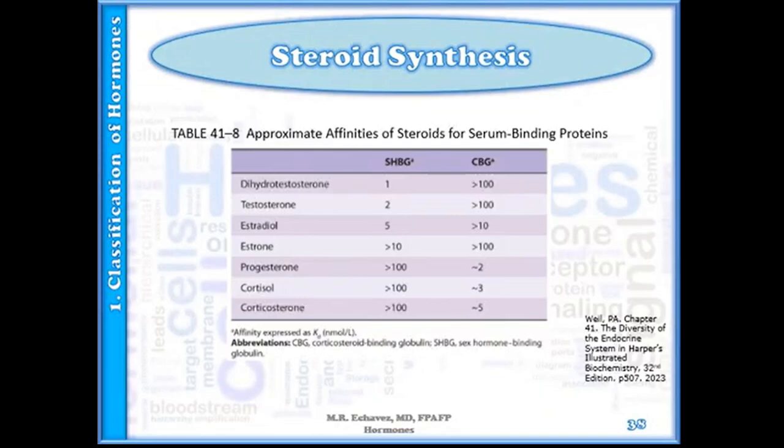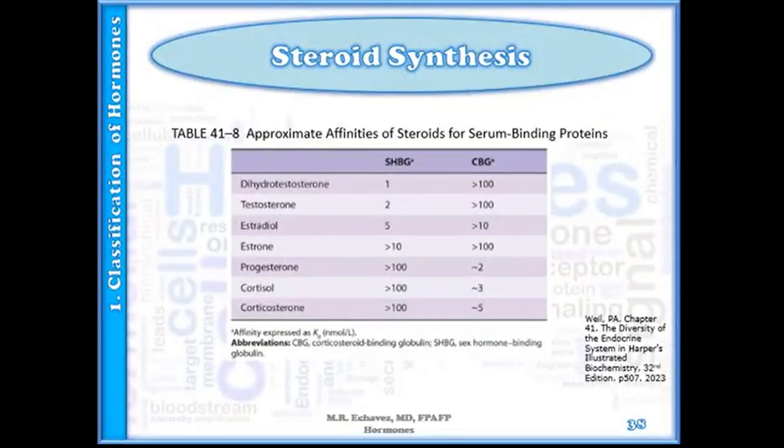Still on the topic of your transport proteins, your glucocorticoids are transported by your corticosteroid binding globulin. This is produced in the liver, and its synthesis is increased by estrogens, similar to your thyroid binding globulin. Your CBG binds most of the hormone when plasma cortisol levels are within normal range. Much smaller amounts of cortisol are bound to albumin.